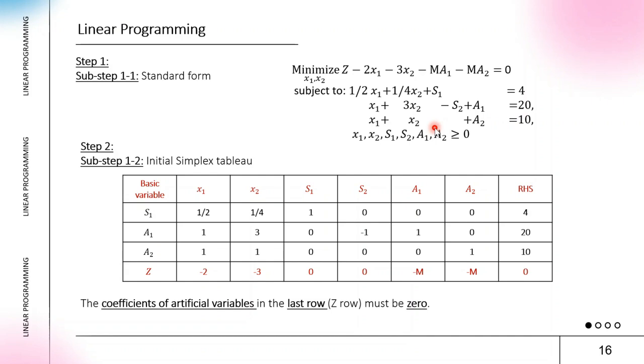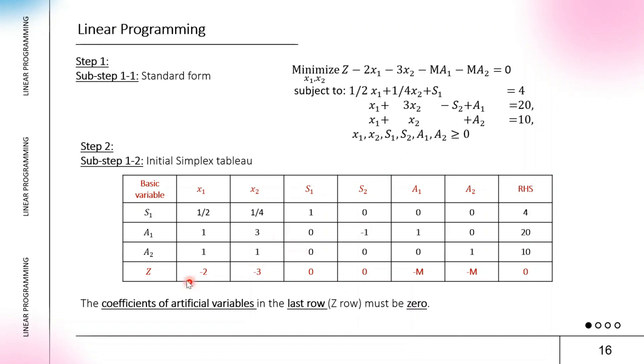To ensure artificial variables are driven to zero in the optimal solution, we must rewrite the objective function equation with a large penalty M, as we can see from the objective function equation. Next, we construct the initial simplex table.